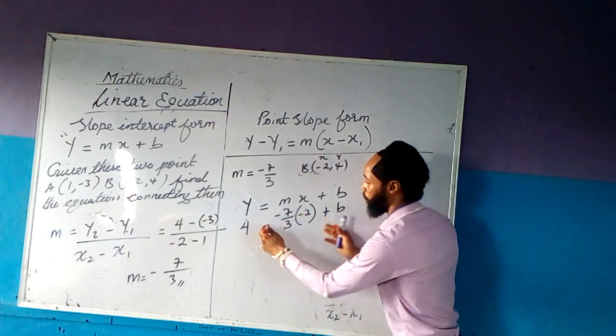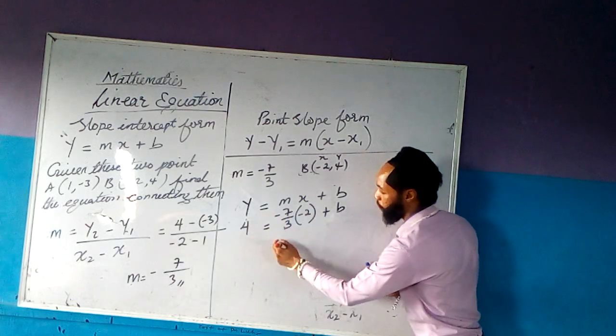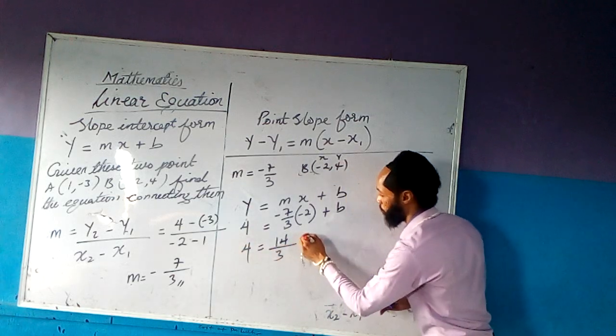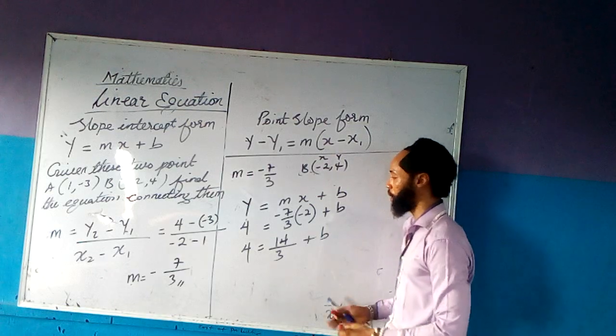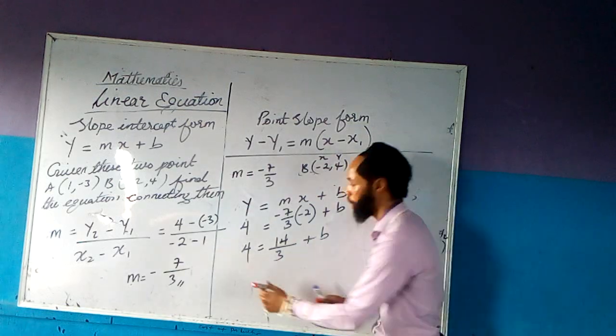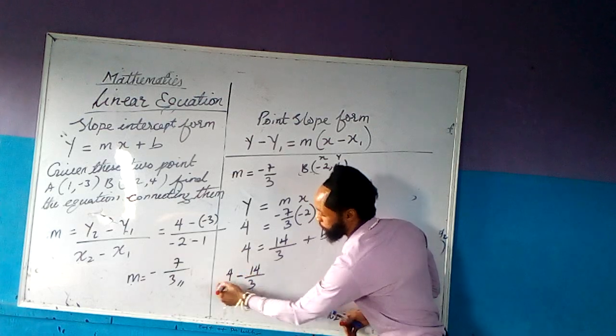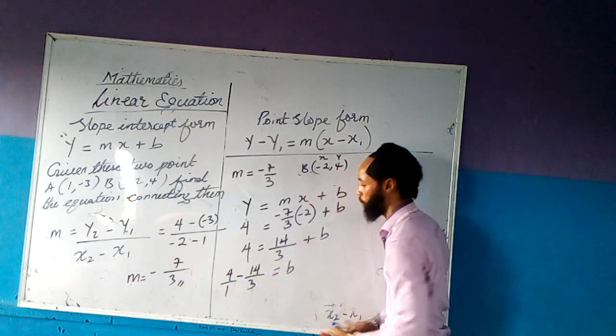Negative cancels negative, so we have 14 over 3 plus b equals 4. Taking this the other way, b equals 4 minus 14 over 3.